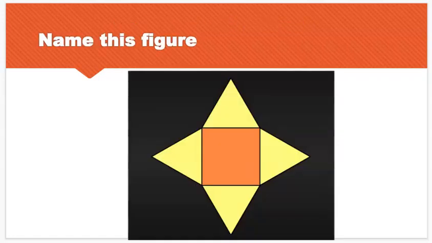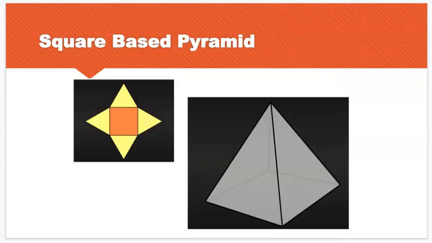This is definitely not a prism because I don't see 2 parallel congruent faces. If we cut this out and fold it up, all of these vertices would come up to a point. What is that three-dimensional shape called? Well, that's a square pyramid. So the base of the pyramid is a square.